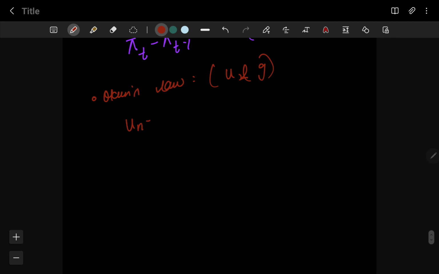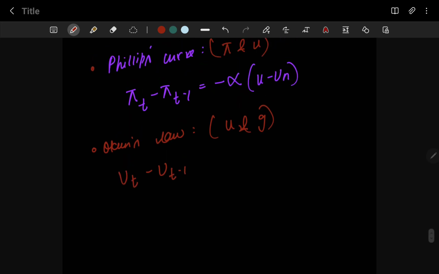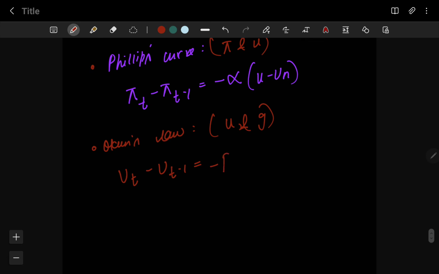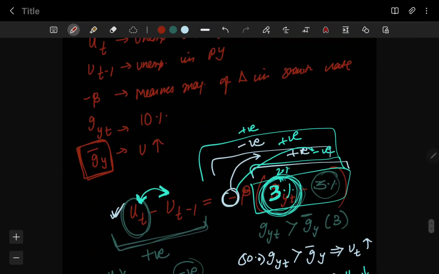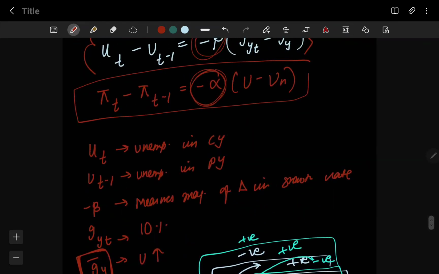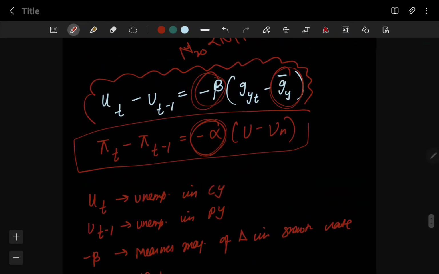So we had UT minus UT minus 1 is equal to minus beta times GYT minus the constant, or normal, growth rate. Okay, this is said to be your normal growth rate.